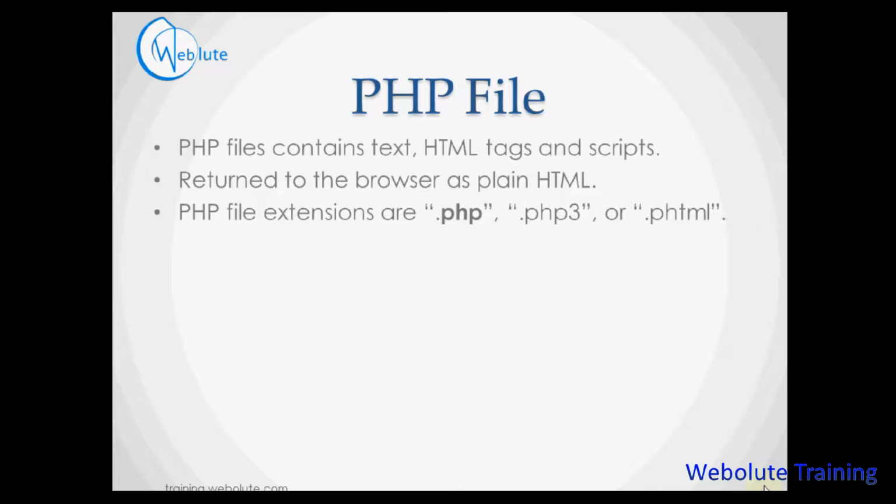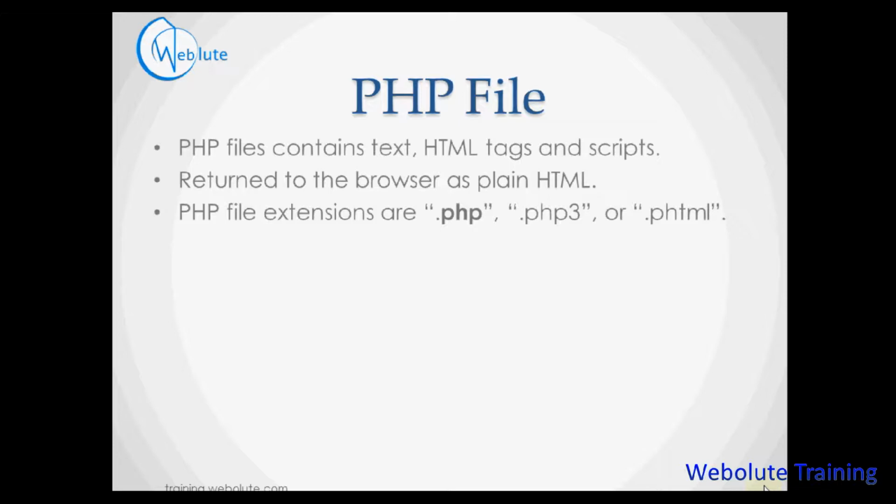Now something about the PHP file. A PHP file contains text, HTML tags and scripts. This means that the HTML tags in the PHP file are rendered as they are.